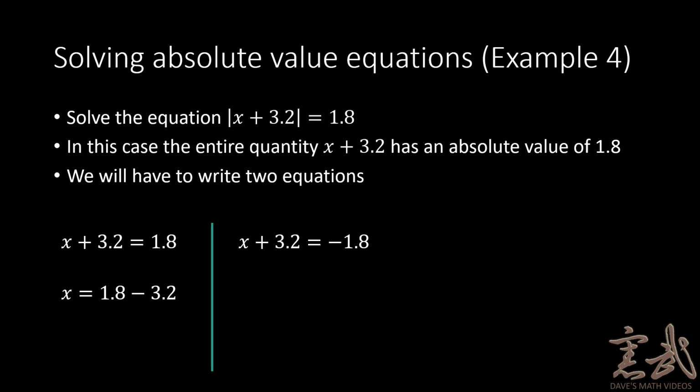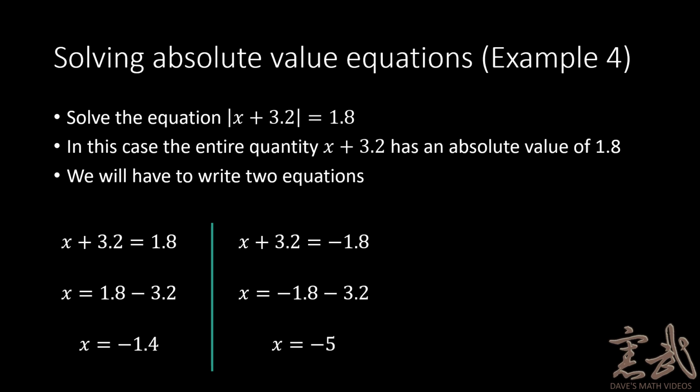So if we subtract 3.2 from both sides in the first equation, we have x is equal to 1.8 minus 3.2, or x is equal to negative 1.4. In the second equation, we subtract 3.2 from both sides, except in this case we have negative 1.8 on the right-hand side.